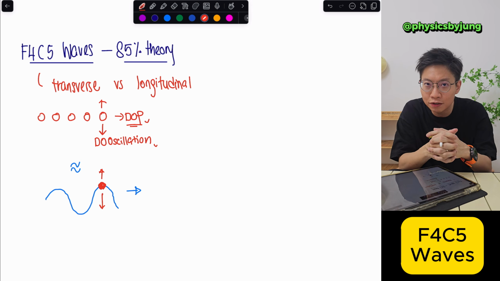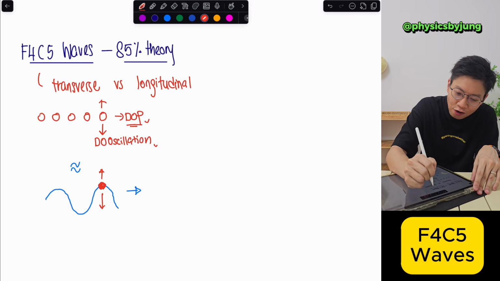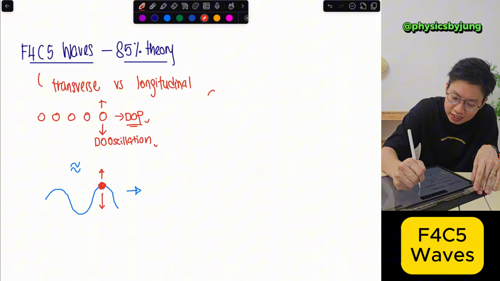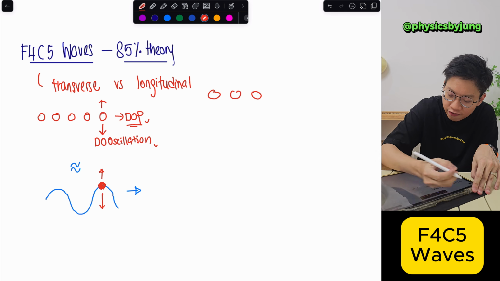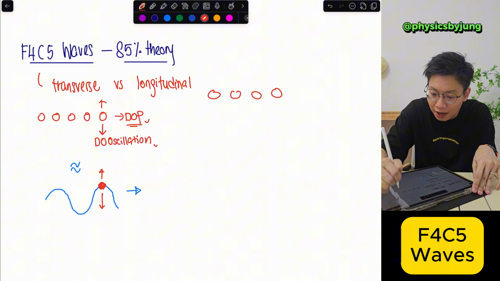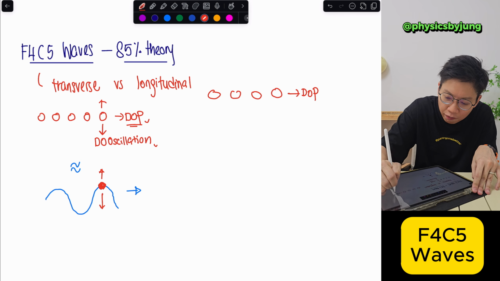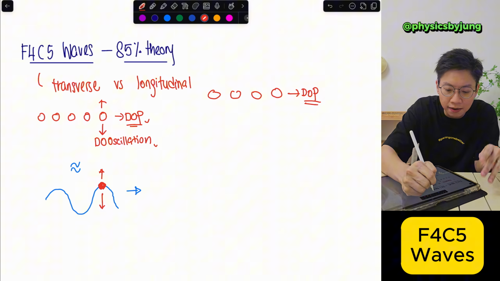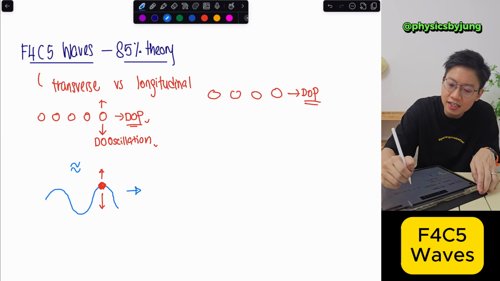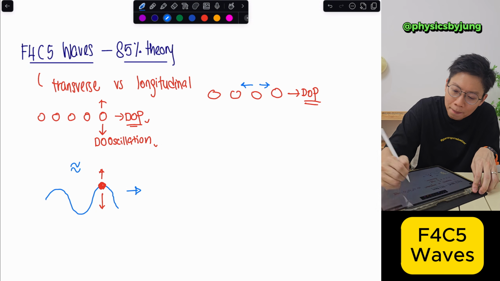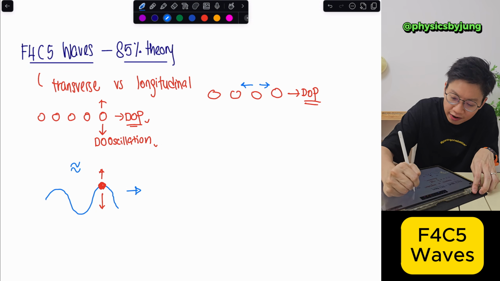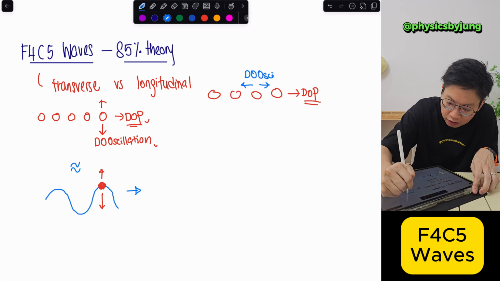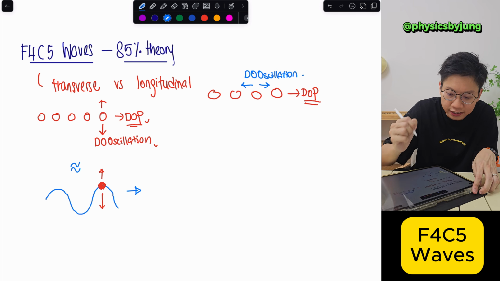What about longitudinal wave? Longitudinal wave is the other type of wave, where again the direction of propagation is to the right hand side, but in this case your particles oscillate left and right. So this is my direction of oscillation.